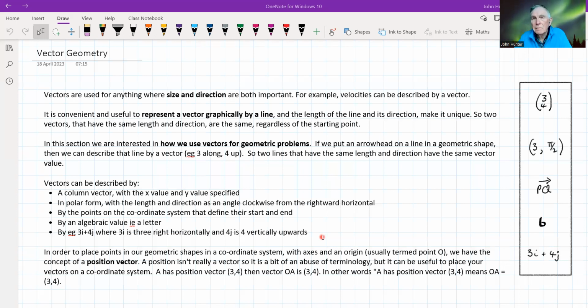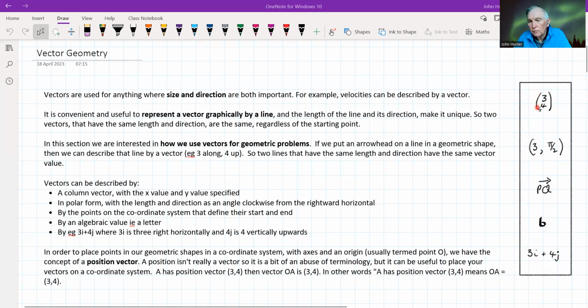So we can assign a vector value to a line in a geometric shape, and we could say the length and the direction. More typically we might describe it in terms of 3 along and 4 up, which implicitly gives you the length and the direction. Okay, so there are a few forms in which we will see vectors expressed.